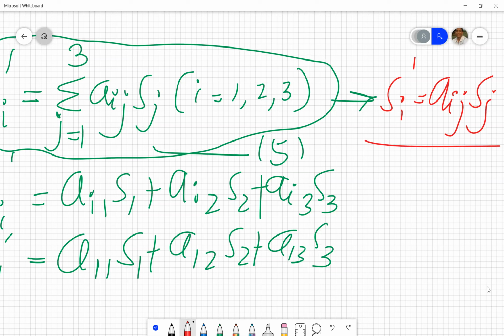This is the format of writing the equation. This is equation number 6. See how easily we can write the displacement of a vector from one axis to another, the displaced axis.